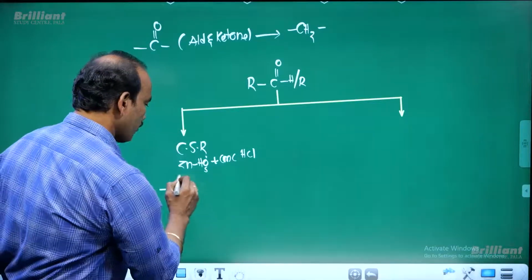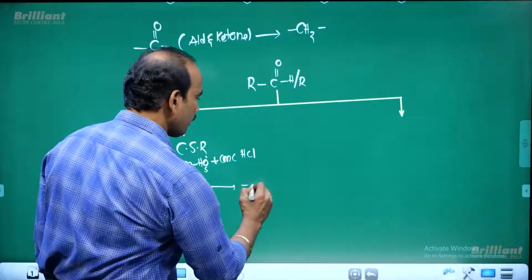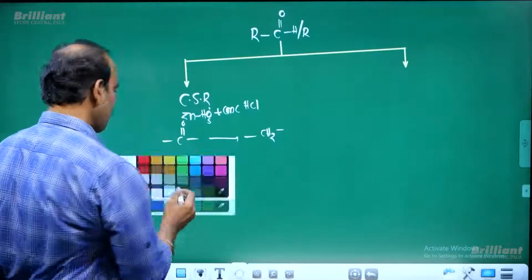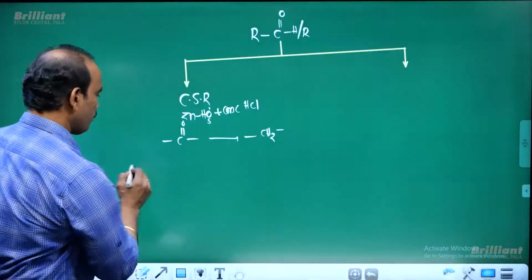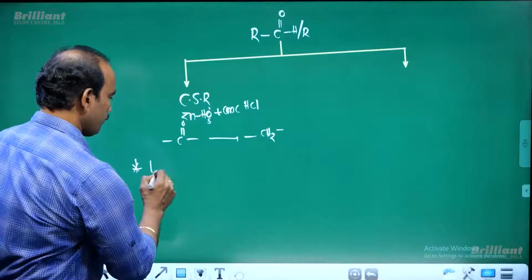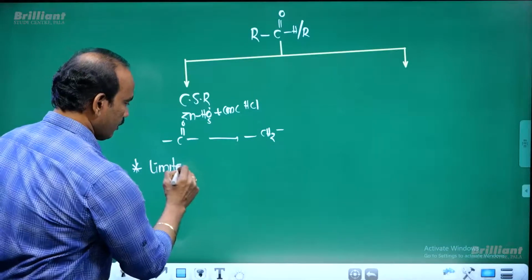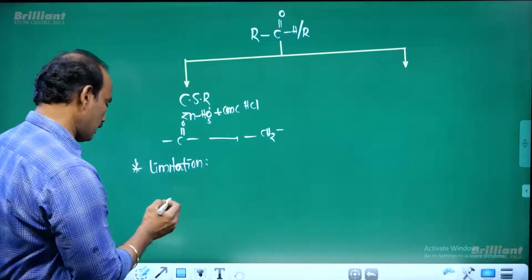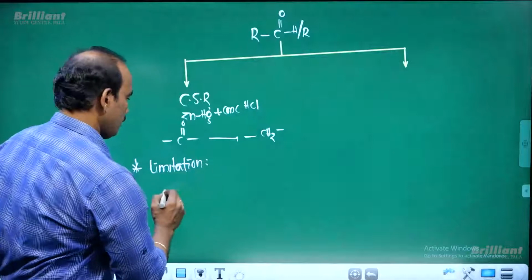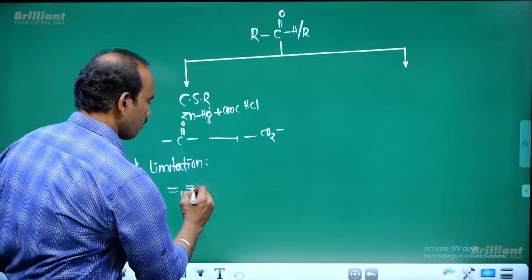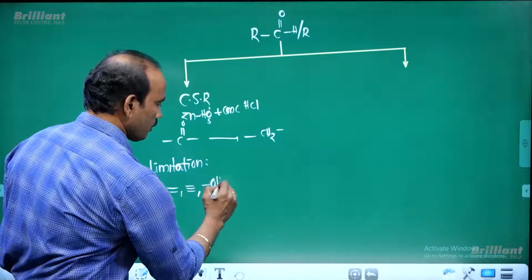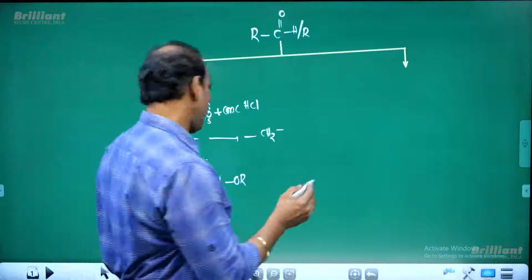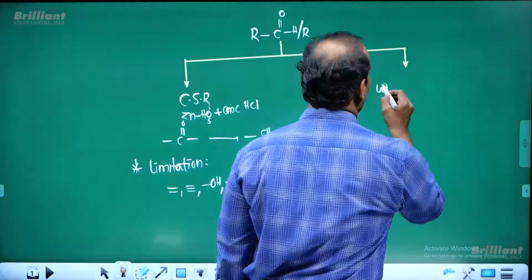Then the carbonyl group changes to a methylene group. What are the limitations for this one? Limitation: acid sensitive groups. This reagent is not suitable for acid sensitive groups like double bond, triple bond, OH and ethers. These are the limitations.